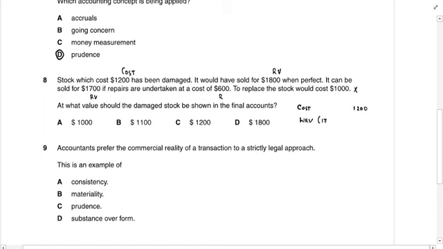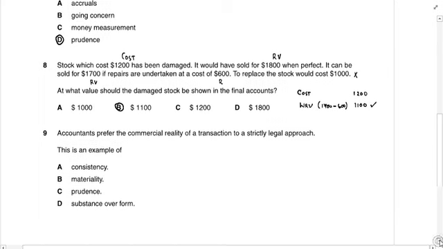It would be sold for 1,700, but for that to happen, we would have to incur 600 in repairs. So the net realizable value will be 1,100, and we take the lower of the two, which is 1,100. So inventory will be valued in the accounts at 1,100, right?